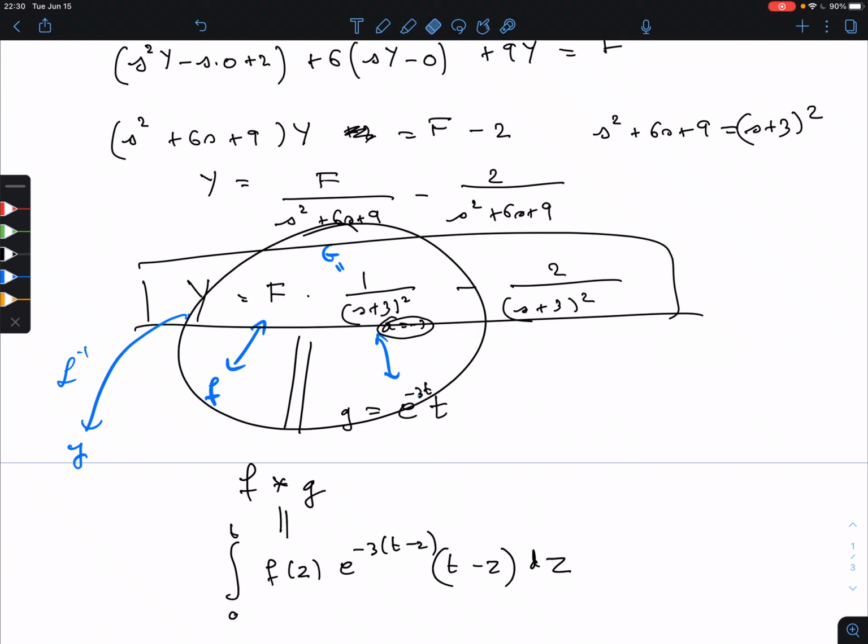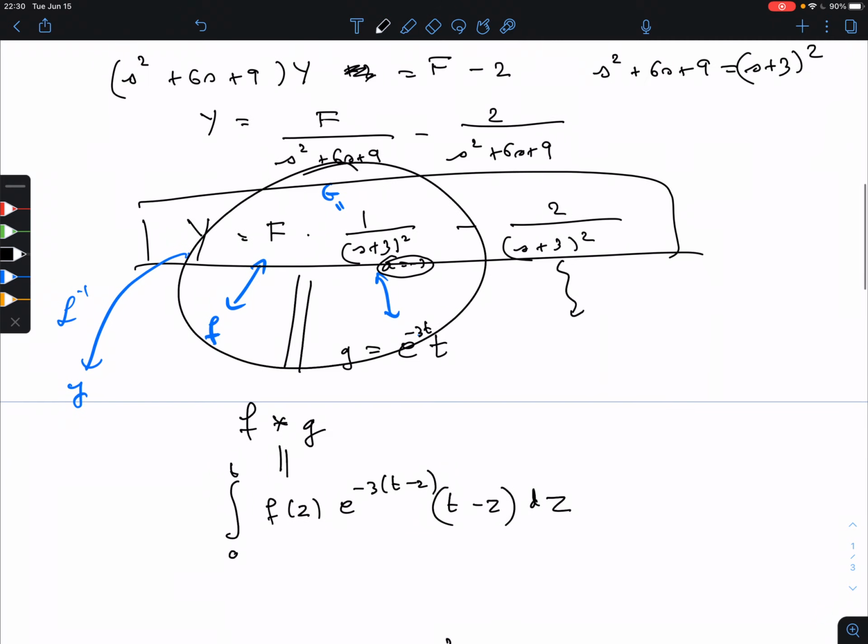So we have here what we want. Why? Because we know exactly what the inverse Laplace of this thing is. Remember, that was the blue arrow that I was drawing. Let me draw it again as an arrow. I wrote equal here, but it's actually an arrow.